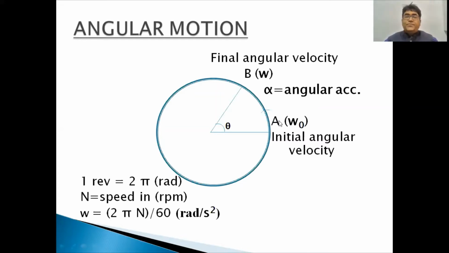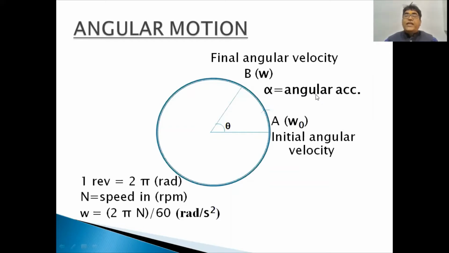Let us assume that at point A the initial angular velocity of the particle is omega 0, and at point B the final angular velocity of the particle is omega. And from A to B, here instead of distance, it is the angle covered by the object, that is theta, and its unit will be radians.